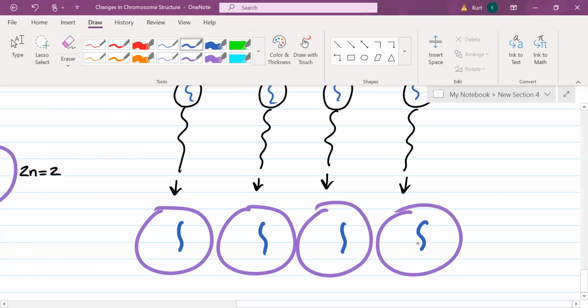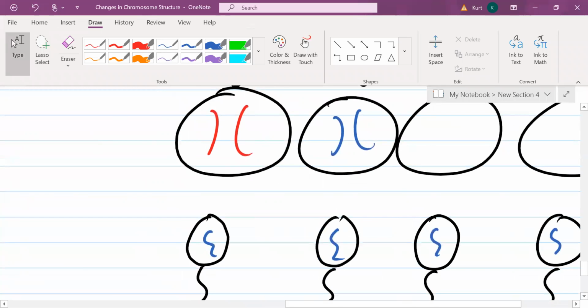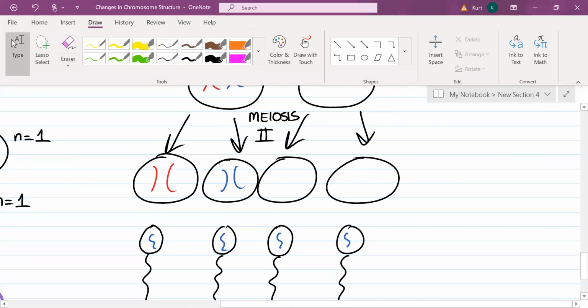Oops, yeah, got this. Okay. What should these egg cells all be? Should be haploid. Are they?